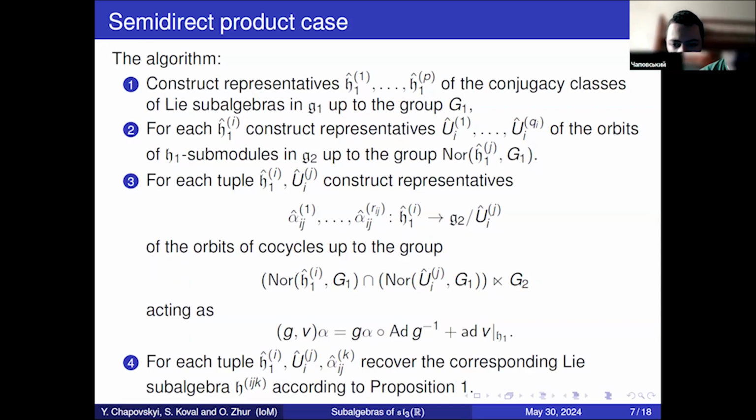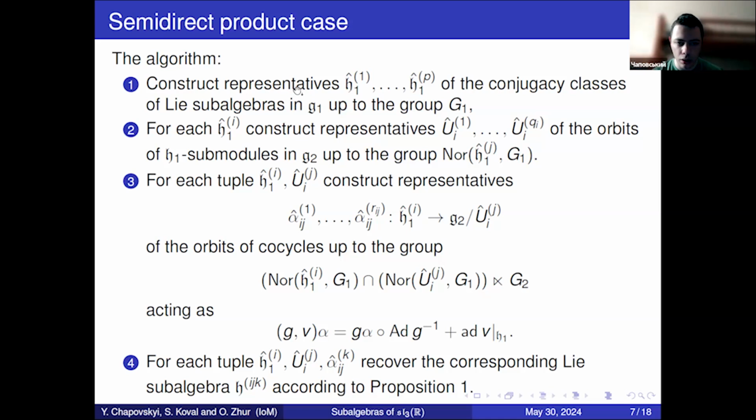In this way, instead of classifying the subalgebras of G, we can classify the triples up to the corresponding action. In this way, we have the following algorithm.